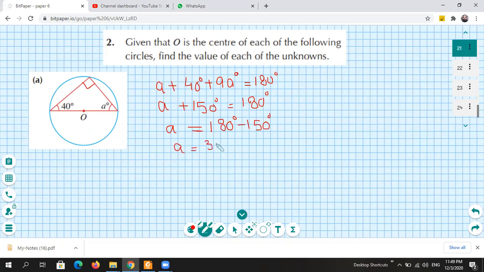Finally, we have A equals 30 degrees. Sorry, I guess it should be 130. Correction. This is 130 degrees. So the final answer is A equal to 50 degrees.